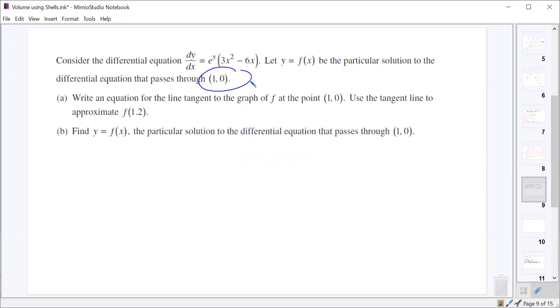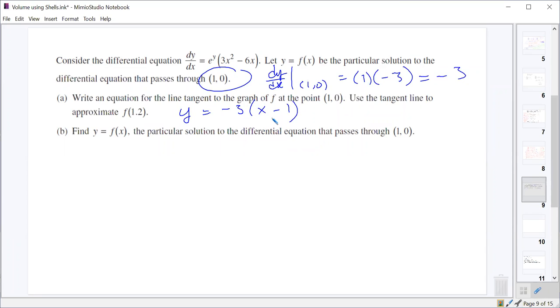Slope just comes from evaluating dy dx at the point 1, 0. So if x is 1 and y is 0, what does that give us? That gives us a 1 times a -3. Gives us a slope of -3. Everybody good with that? So we should have y minus 0 equals m times x minus 1.